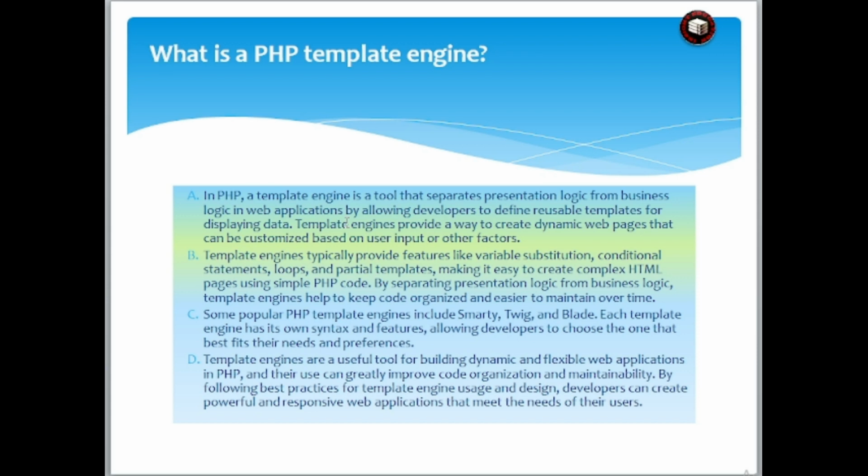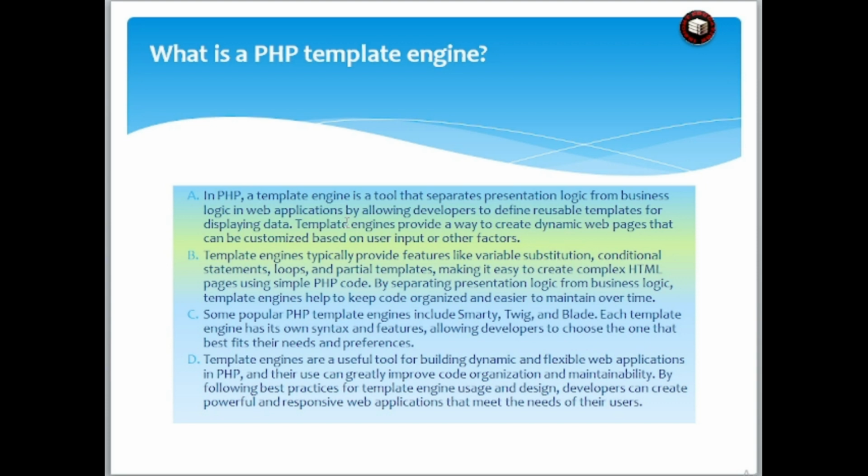By separating presentation logic from business logic, template engines help to keep code organized and easier to maintain over time. Some popular PHP template engines include Smarty, Twig, and Blade.